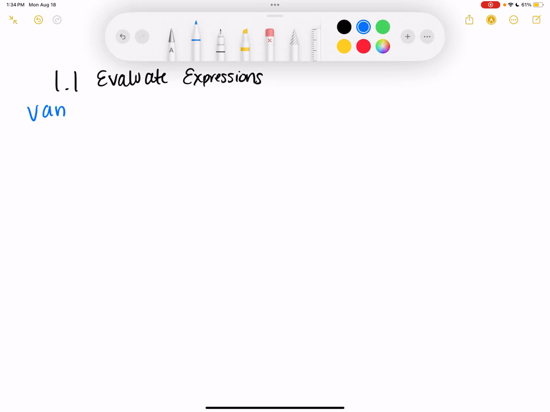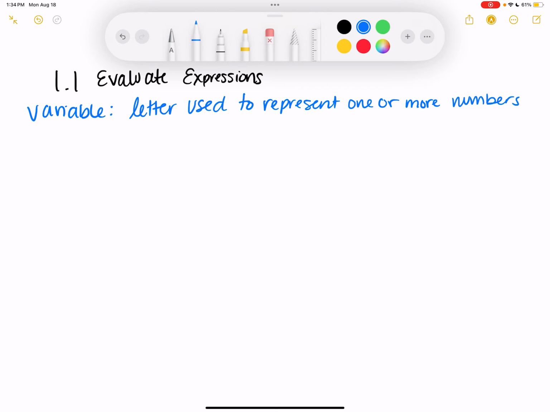A variable is a letter used to represent one or more numbers. And variables have number values assigned to them.